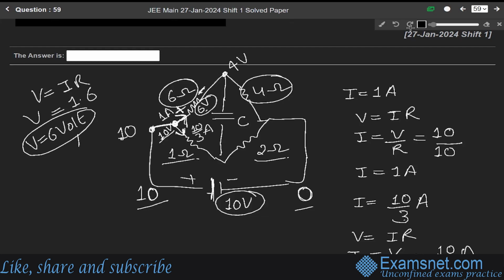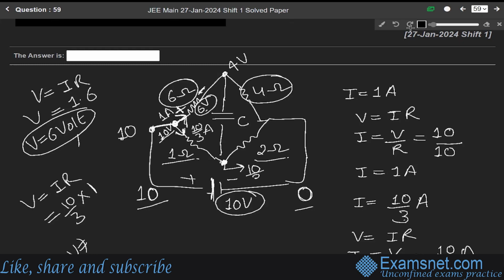Again, if at this point the potential is 10 volt, then using the same Ohm's law, V equals IR. In this branch, I is 10 by 3 and R is 1. So voltage will be 10 by 3.